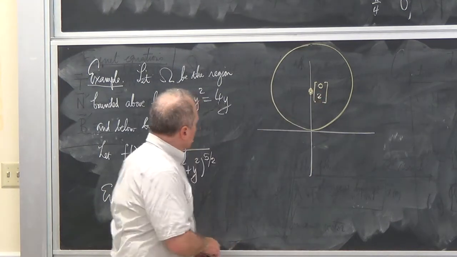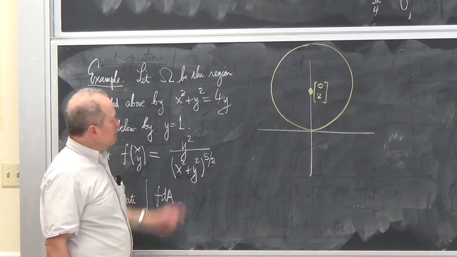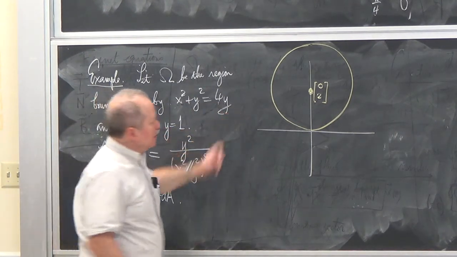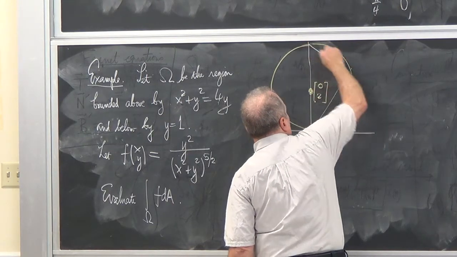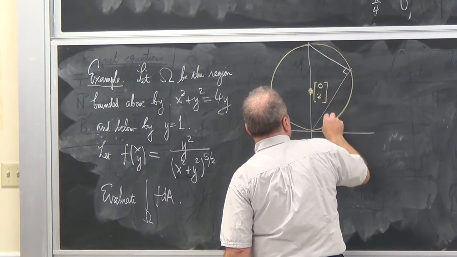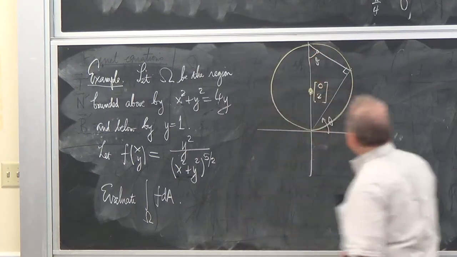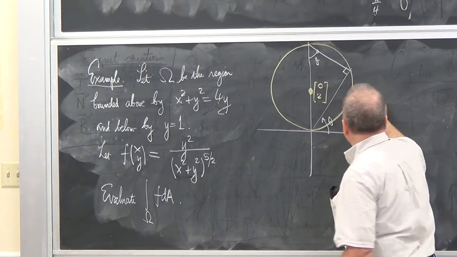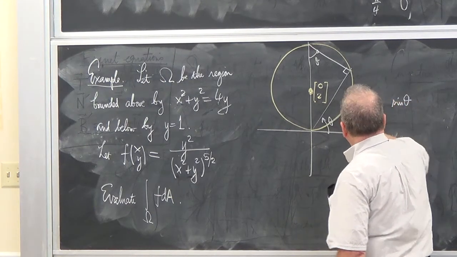And remember the shortcut on finding the polar coordinates equation? Just do polar here. Or remember the picture we drew, that if this is theta, this is also theta. And so you have r equals some multiple of sine theta.